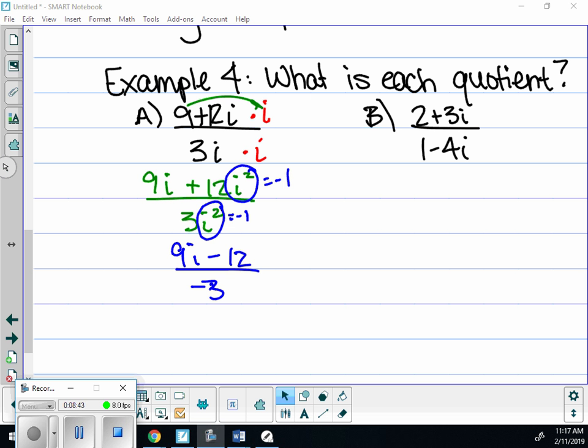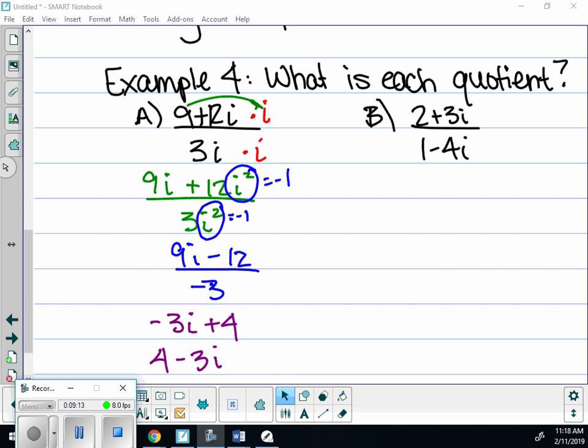So 12 times negative 1 gives me negative 12 divided by negative 3. Now, 9 is divisible by negative 3, as is negative 12. So 9i divided by negative 3 gives me negative 3i. Negative 12 divided by negative 3 gives me plus 4. But I should really write it as 4 subtract 3i. Real part, then imaginary part.